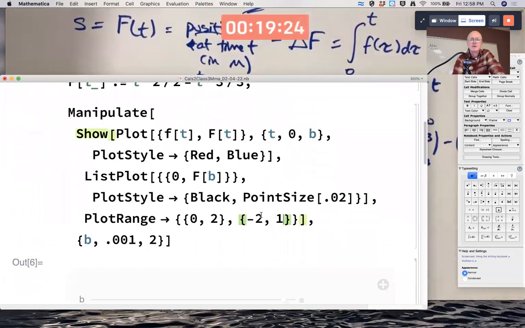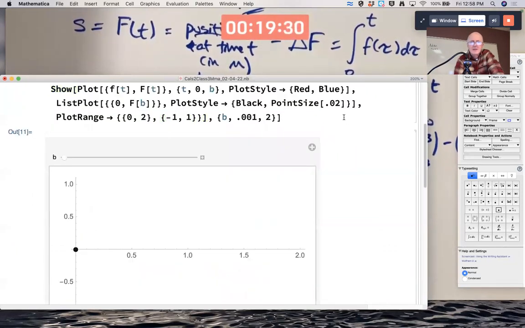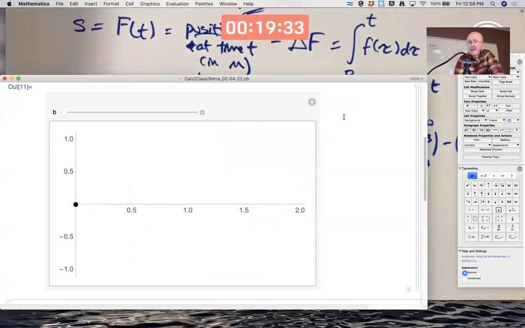Let me change this to a negative 1 as well. So that black dot is going to be the object, say the ball, that goes up and then comes back down. And I guess the origin's not ground level here because it's going to go negative.